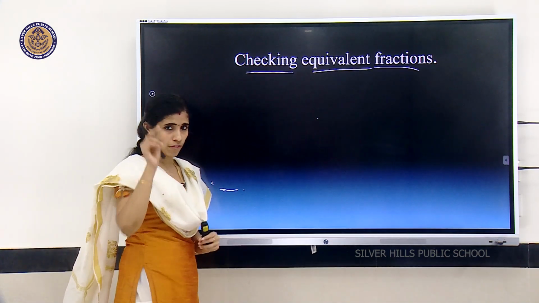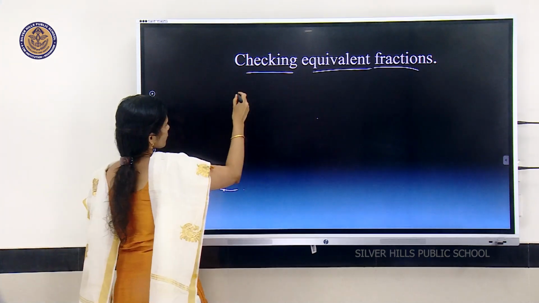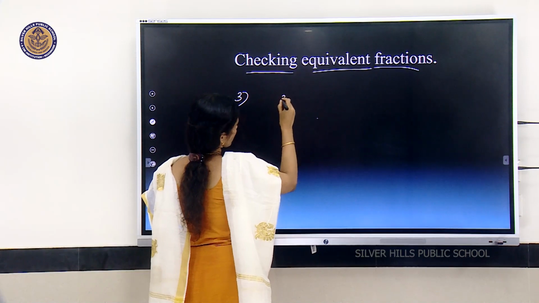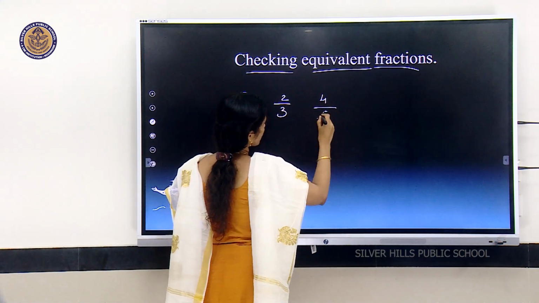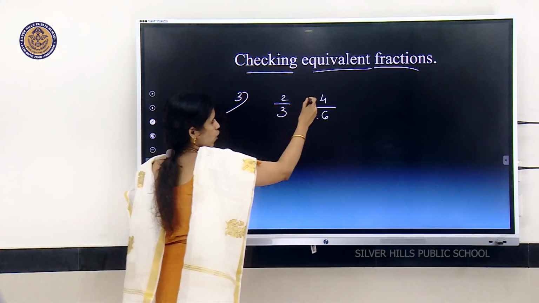So next consider one more example. Example 3. Let's do one more example. That is 2 by 3 and 4 by 6. First we cross multiply.